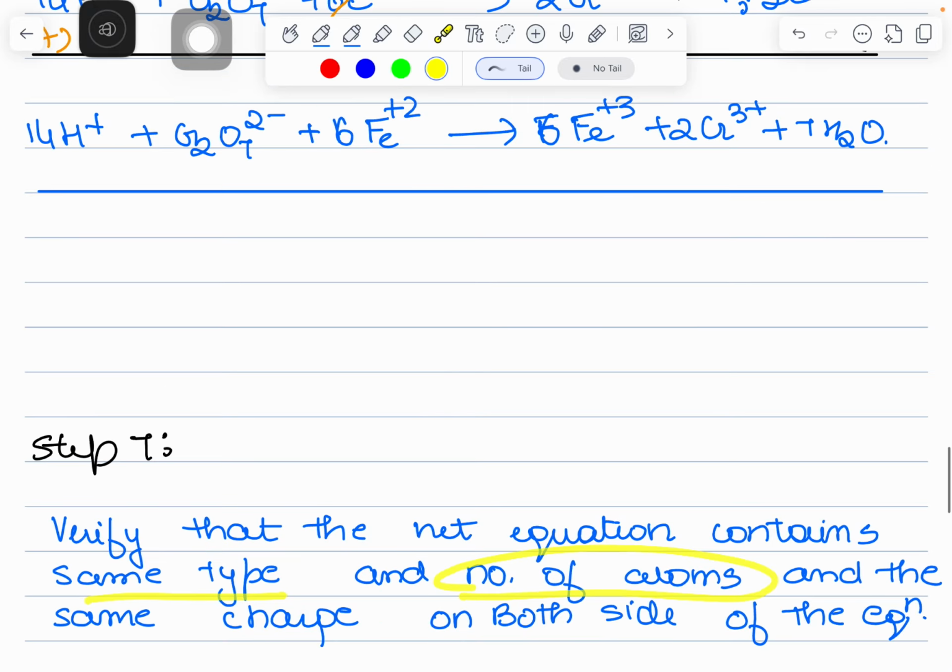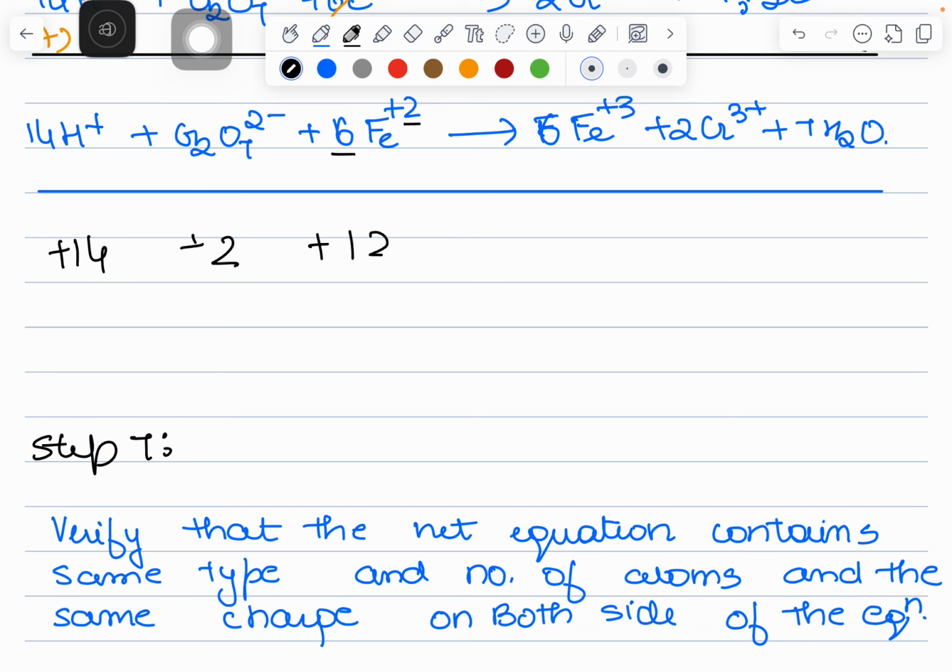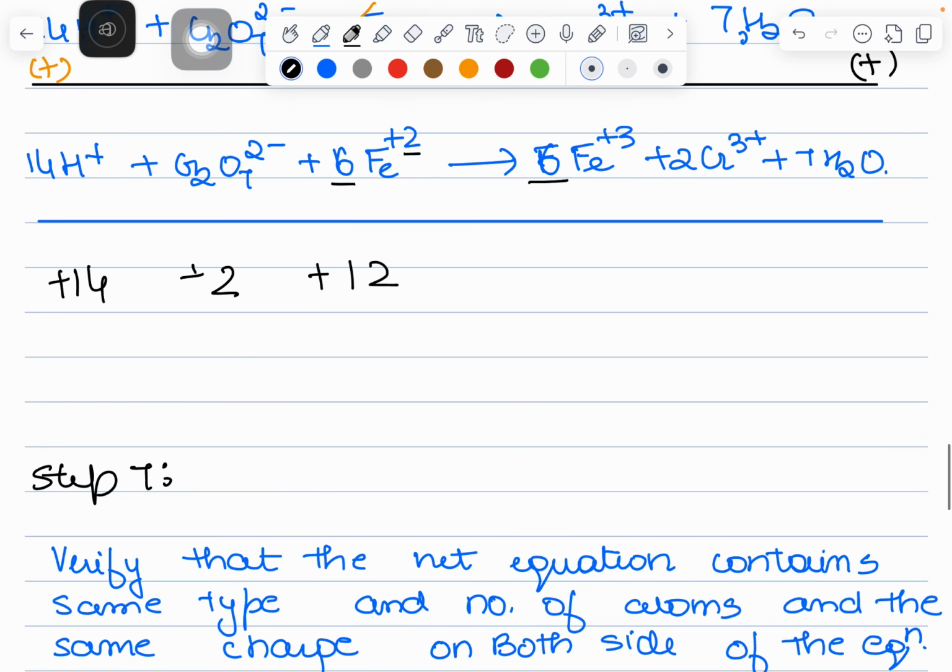Now let's see the charges that we are verifying. We have plus 14, we have minus 2, and 6 into 2 is plus 12. This side we have plus 14 minus 2 is plus 12, plus 12 and plus 12, we have 24 charge this side, plus 24 charge.